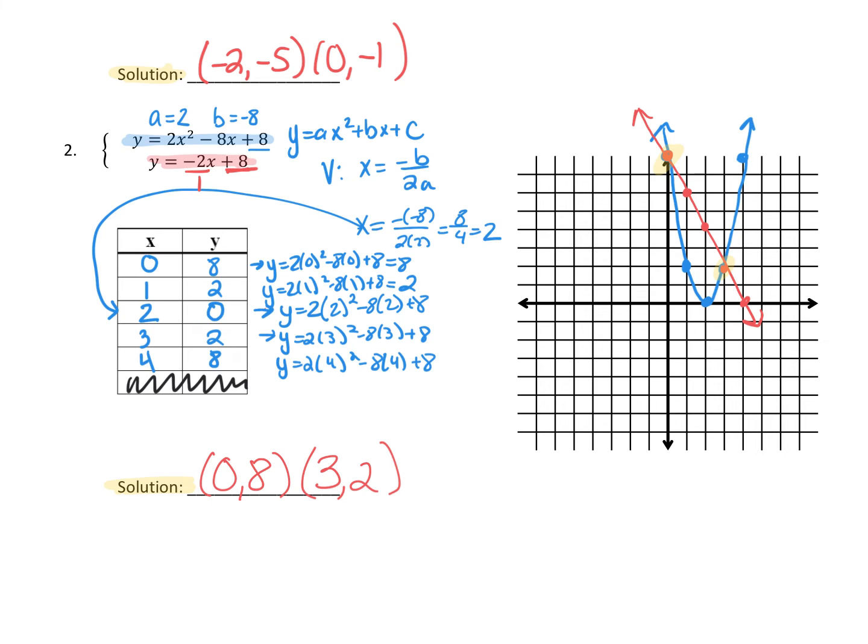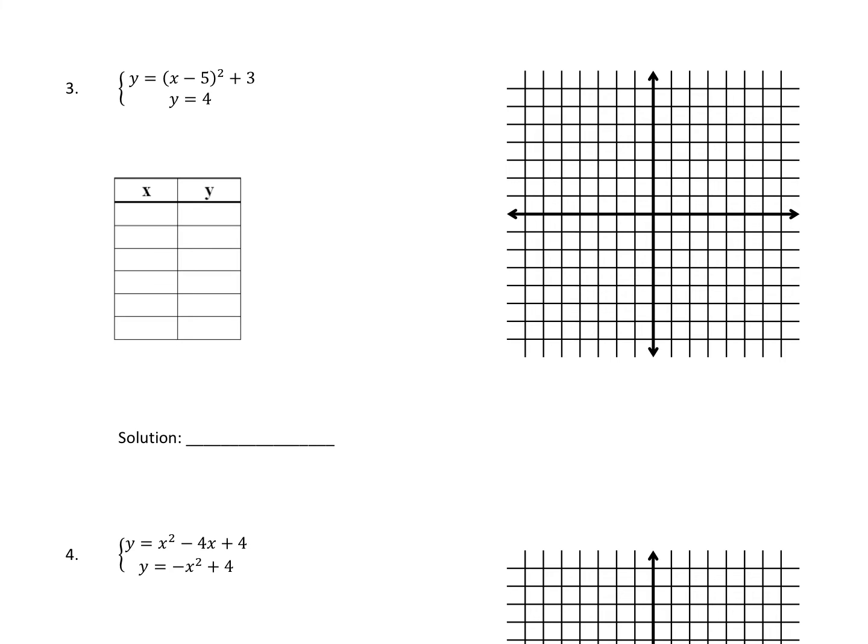All right, in number 3, we have another equation that is in vertex form. So again, my vertex is the opposite sign. So my vertex is going to be (5, 3). And I want to put that in the middle of my table, and then build my table around that. Now I'm going to take each of those numbers and plug them in.